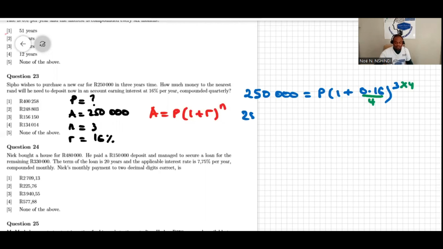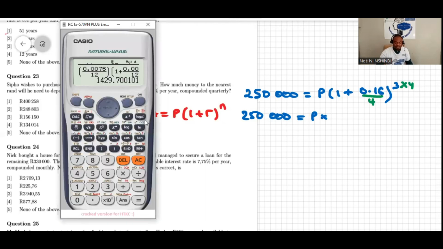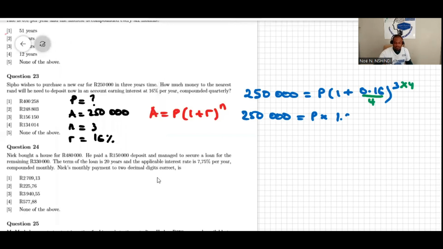This is 250,000 equals P times, and we can find out how much this is. Let's use the calculator: open bracket 1 plus 0.16 over 4, to the power of 3 times 4. When we hit equal, this is equal to 1.6.